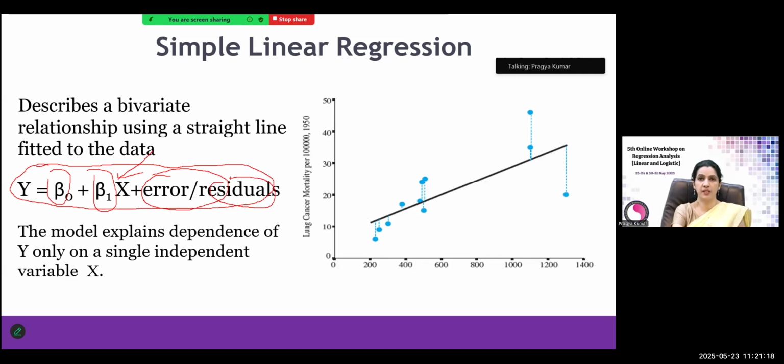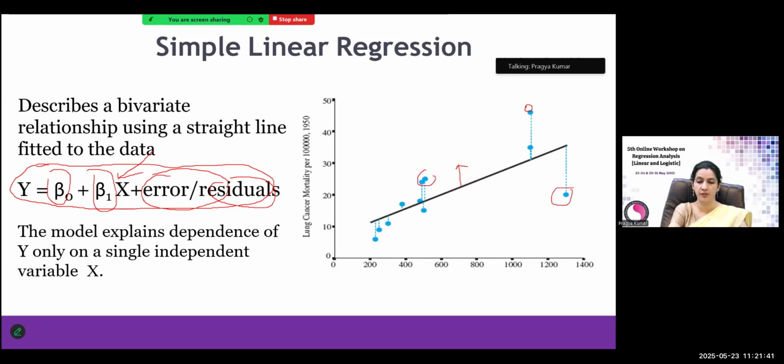The difference between the actual, this residual is there. So this model, if you see, tries to form a line, and this line is known as the fitted line, or this is the predicted value. And if you see the individual data points, this is your individual data point or the actual data.